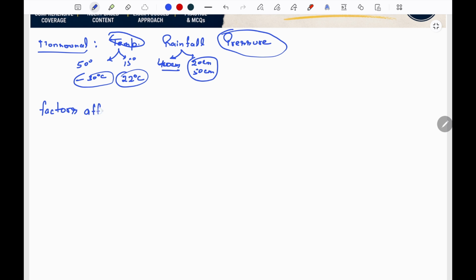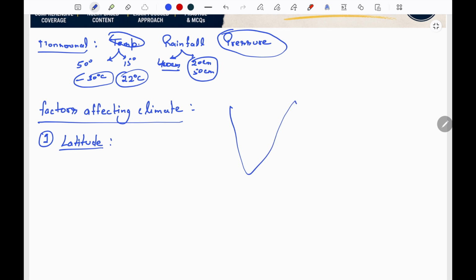Factors affecting climate. First one is the latitude. The latitude at which a place is located affects its climate. How? This is how India is, roughly like this.